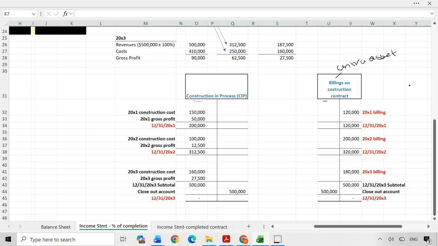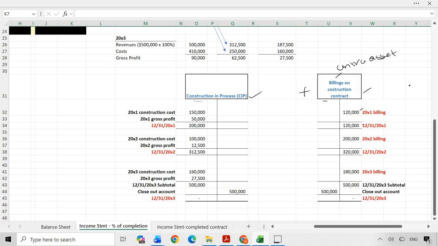As we bill the customer and we record our accounts receivable, we credit this account as we go along. And you'll see why. When we record on the balance sheet, we're going to net our construction in process account with the billings on construction contract.